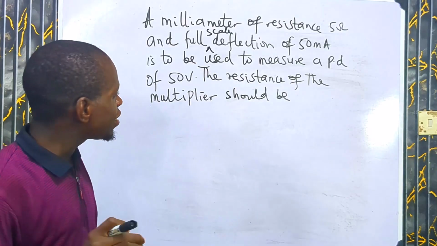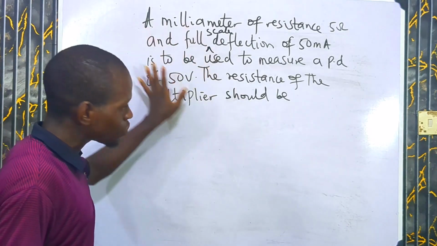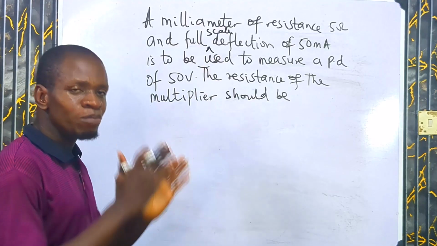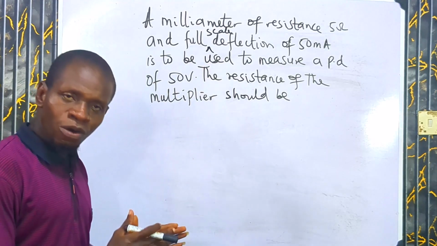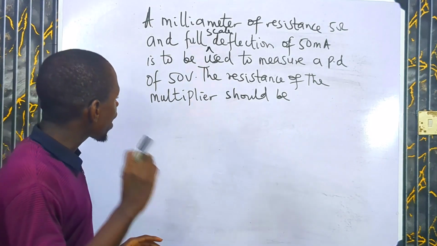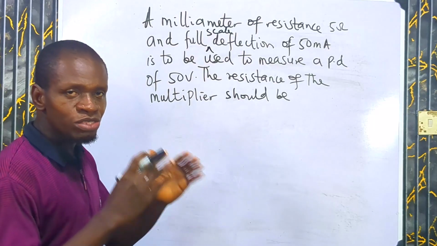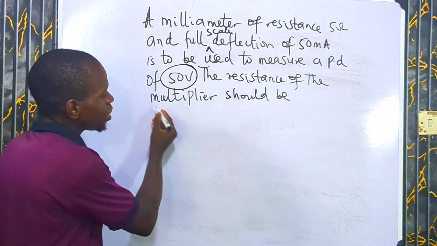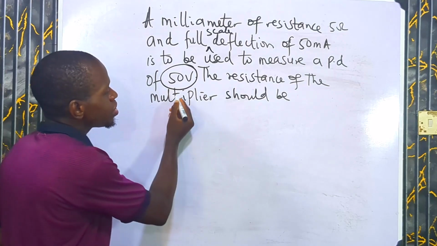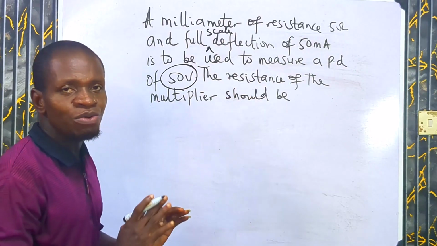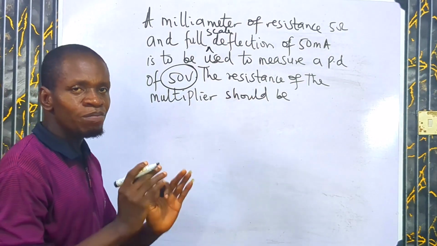If I see anything volts in the question, I will automatically know that this question is about multiplier. Listen carefully. Even if they did not mention multiplier, if I see anything volt in that question, automatically I'll grade this question under multiplier.